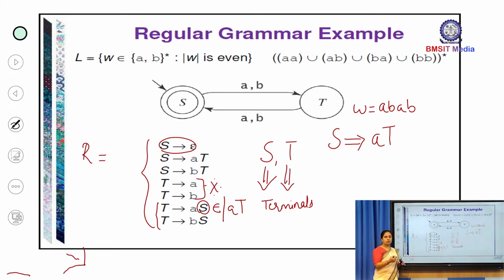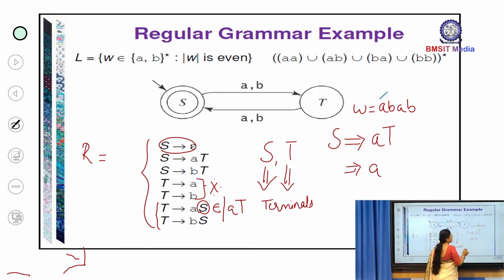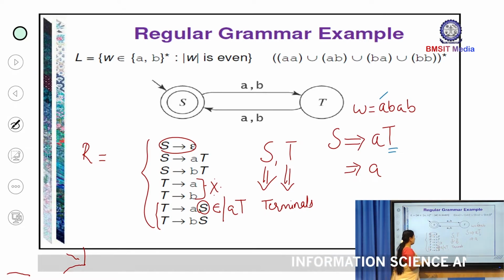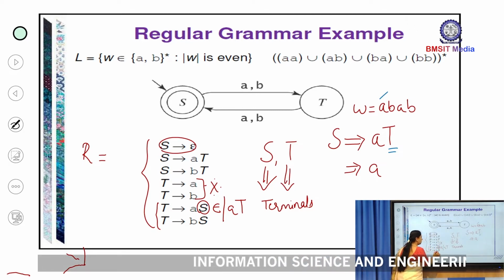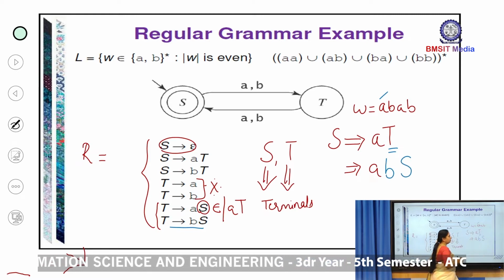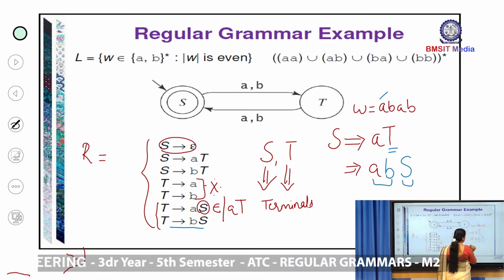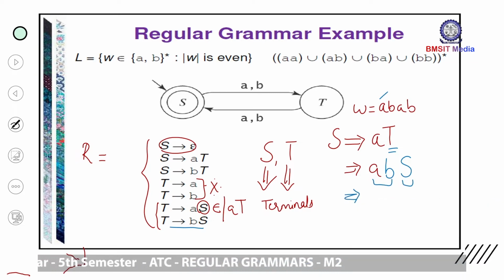The next non-terminal is capital T. Now A is completed, so I will substitute the production for T. Since the second symbol is B, I will take the production T tends to B followed by capital S. So we have got two terminals and one non-terminal. I will continue the process of derivation.